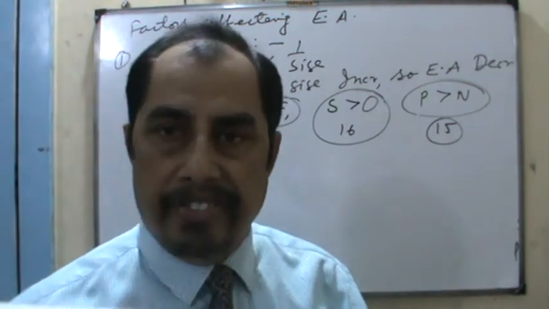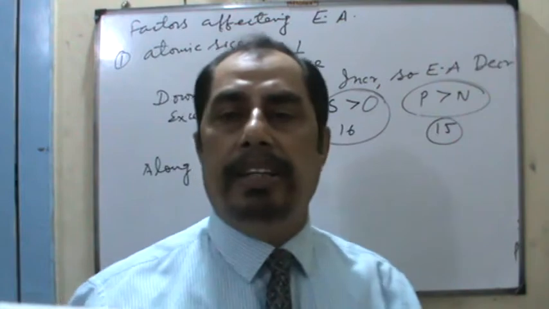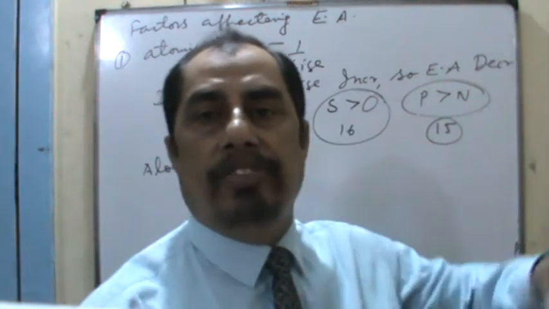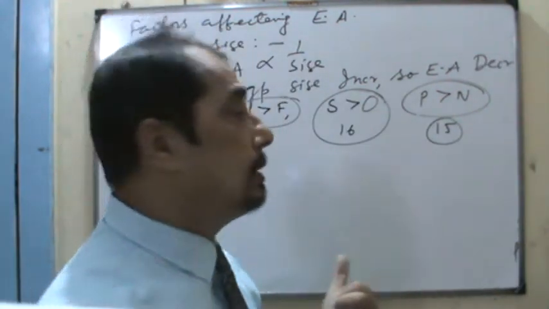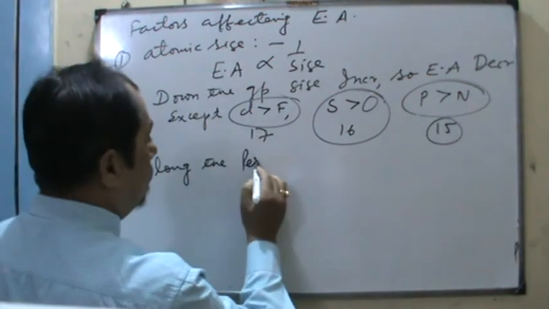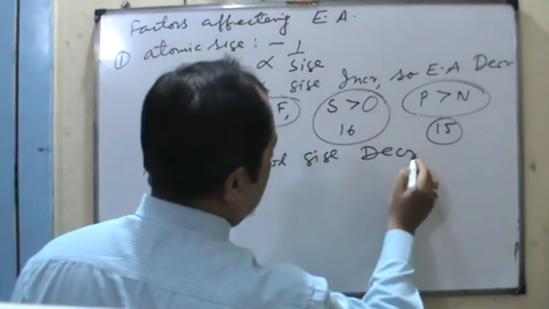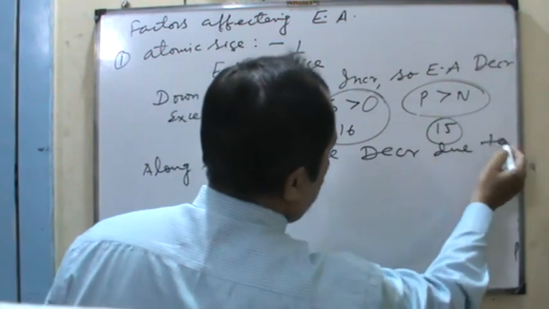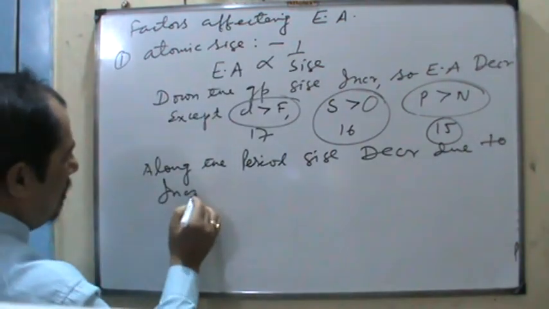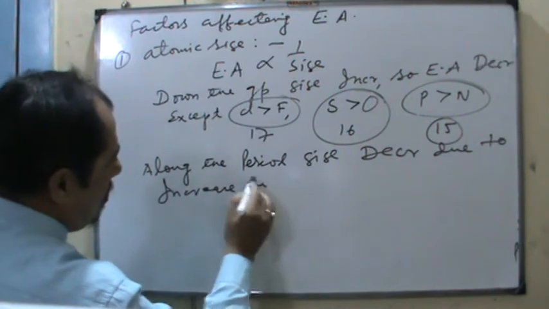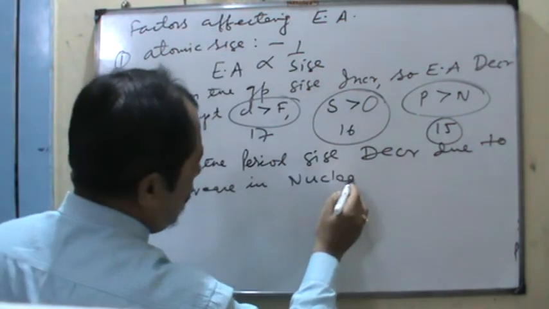The trend is already fixed, and along the period, I mean across the period from LHS to RHS, size decreases due to increase in what charge?